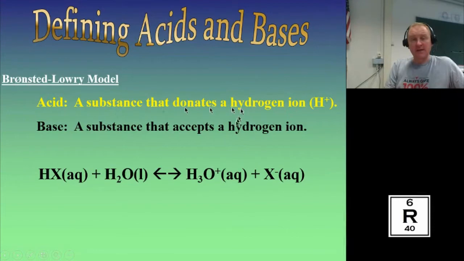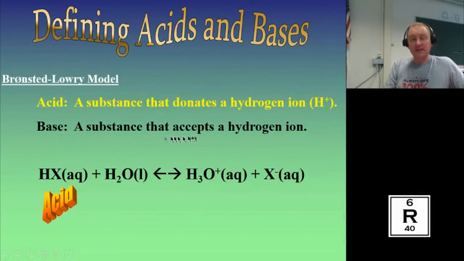So based on this definition, the HX would be the acid because it is the substance that's donating the hydrogen ion. You got to look over here at what's gaining the hydrogen ion. Well, you can see that the water gained it. So what donated it was the HX, gave the hydrogen ion over here. So the hydrogen ion went to the water. That's what's going on here. Hydrogen goes to the water, producing this.